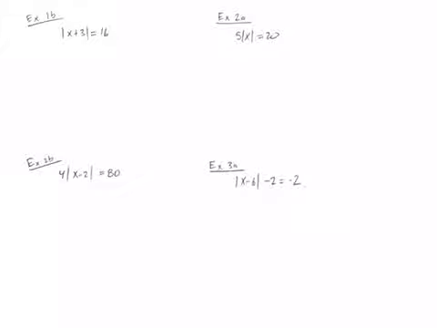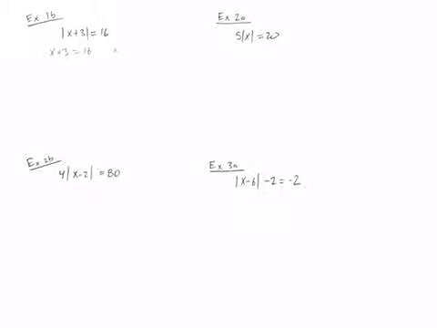Alright, so let's see if we can continue working with that same idea. So this one, notice the absolute value is already isolated, meaning that the only thing on this side is the absolute value of this. So what we're going to do is we're going to say x plus 3 is equal to 16, right? What's inside is equal to this.